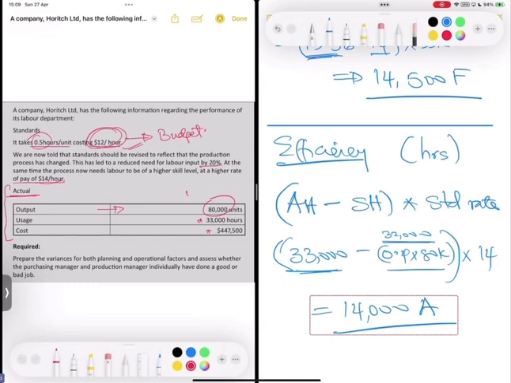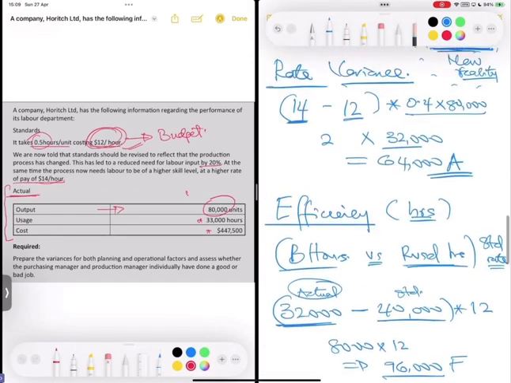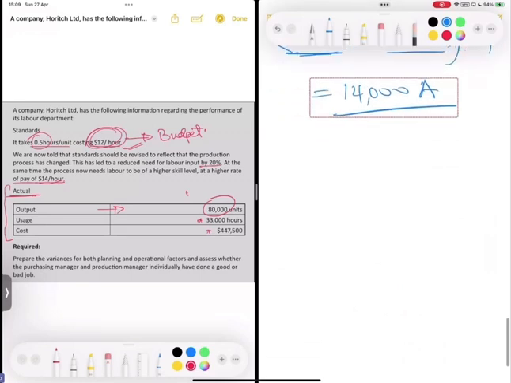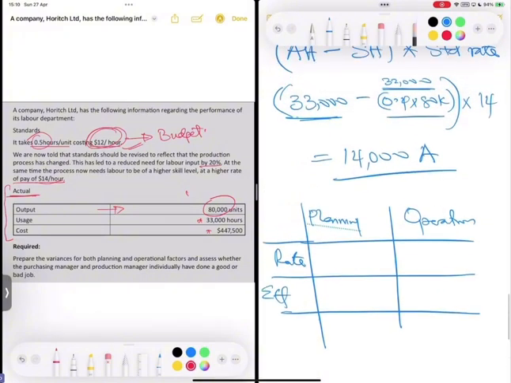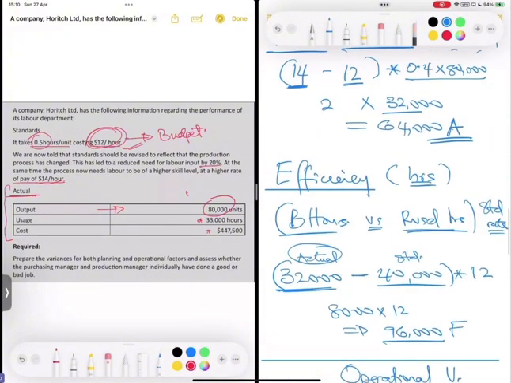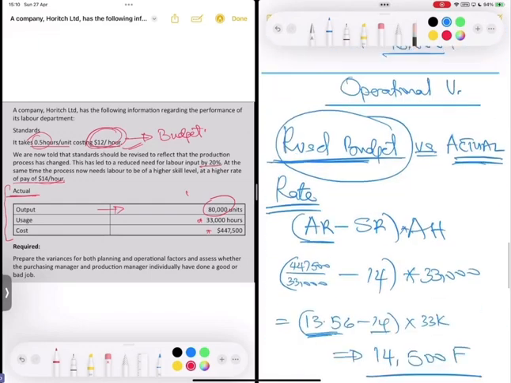From this, we are expected to tell whether the production manager has done well or badly. What do you guys think? Has he done well, looking at our planning variance and operation variance? Let's try and summarize it. Let's see planning and operational for both rate and efficiency so that we can talk about it. For planning, rate and efficiency, what do we get for rate? Rate 64,000 adverse.